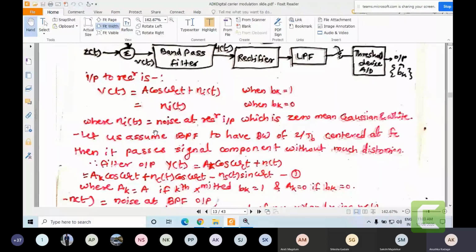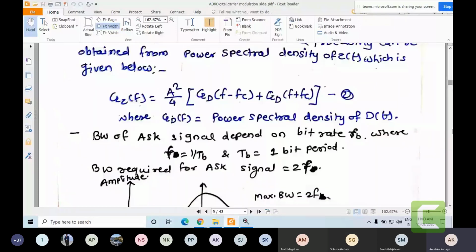Now, either this A cos of omega c t plus ni(t) or only this ni(t) component will be applied to the band pass filter. And this band pass filter will have a bandwidth of 2 divided by Tb, centered around this Fc. Because we have seen in this presentation that if I have to get the spectrum for the ASK output plotted, it is centered around this Fc value.